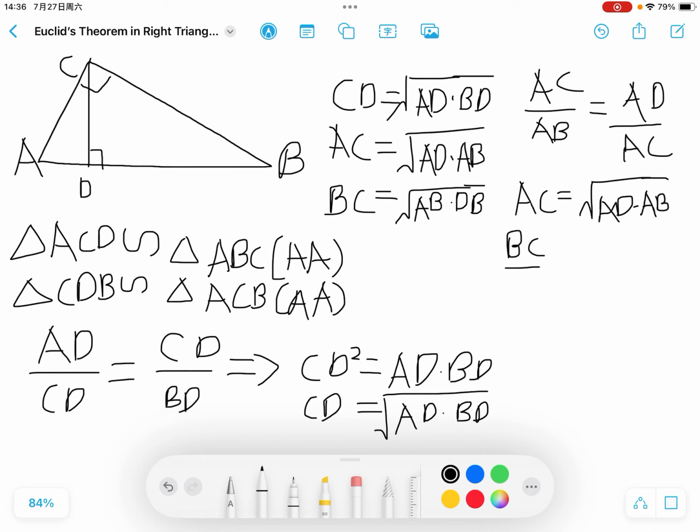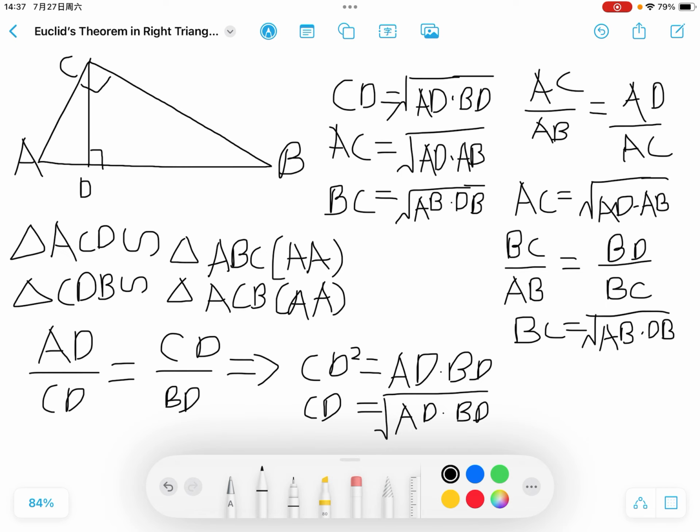So we have hypotenuse over hypotenuse is equal to, and we haven't included BD yet. BD is the longer leg. So we have longer leg over longer leg, BD over BC. These two are equal, and if we multiply both sides by BC and take the square root of that, we have BC is equal to the square root of AB times DB.